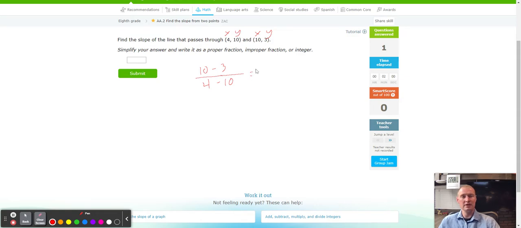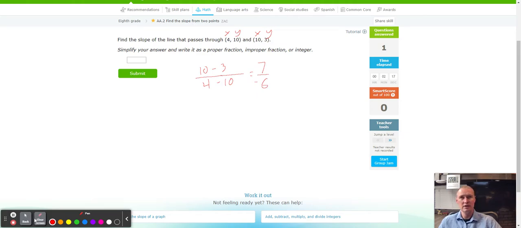Now it's just basic simplification. 10 minus 3 is equal to 7, and 4 minus 10 is equal to negative 6. Be careful, it's negative 6 because we have a positive 4 and you're subtracting more than you had.